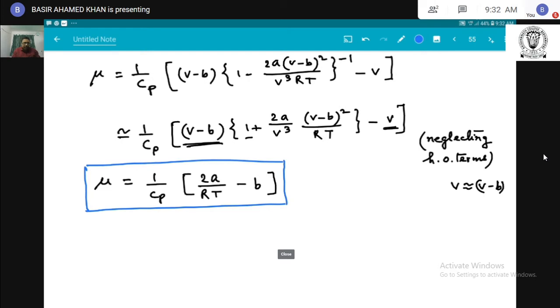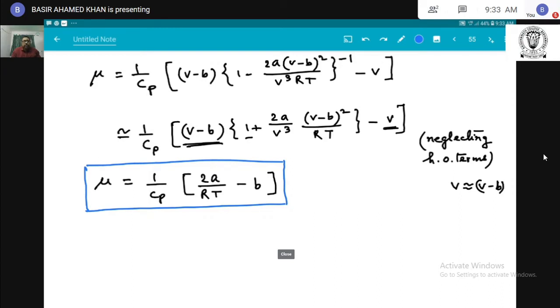Now the value of mu depends on this value. It will be positive or negative depending on 2a/RT and b. When 2a/RT is greater than b, the value of mu is positive and the gas after expansion becomes cool.